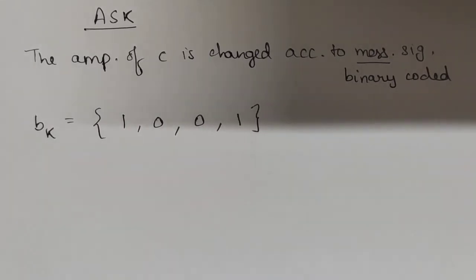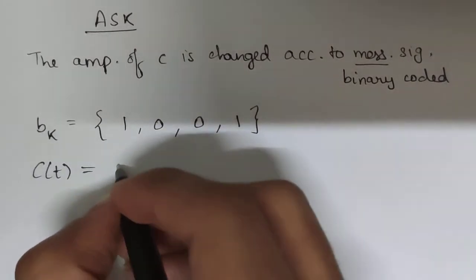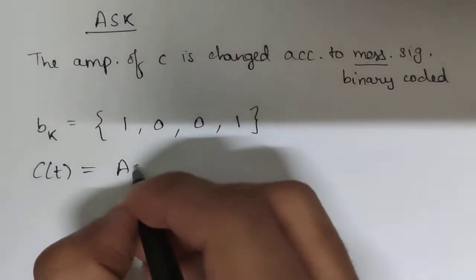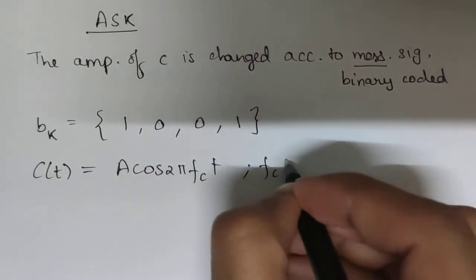For sending we are going to use the modulation scheme, and for the modulation scheme we require a carrier of very high frequency. Let me take a sinusoid of amplitude A. Here the frequency is Fc, which is of very high value.